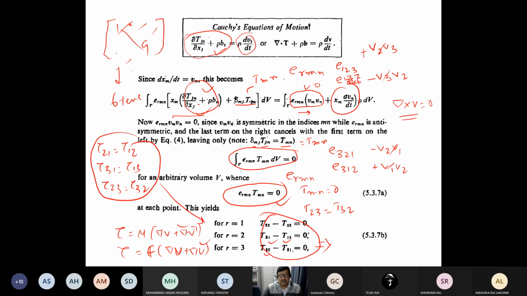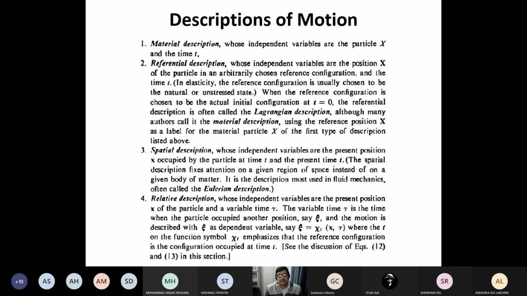So it has already enforced linear as well as angular momentum balance before considering that. Whenever your stress tensor is symmetric, it is coming from your angular momentum balance. Is that clear? Yes, yes, sir.